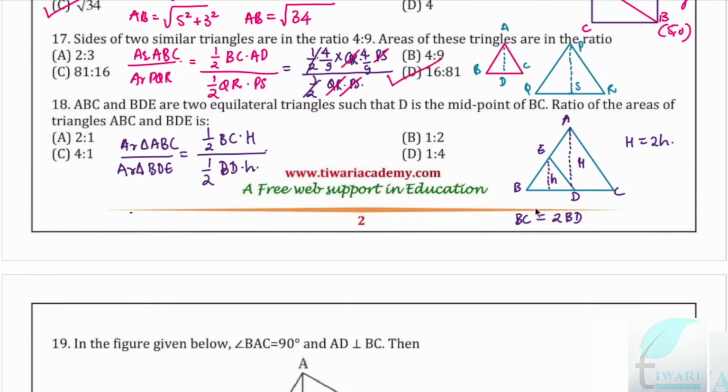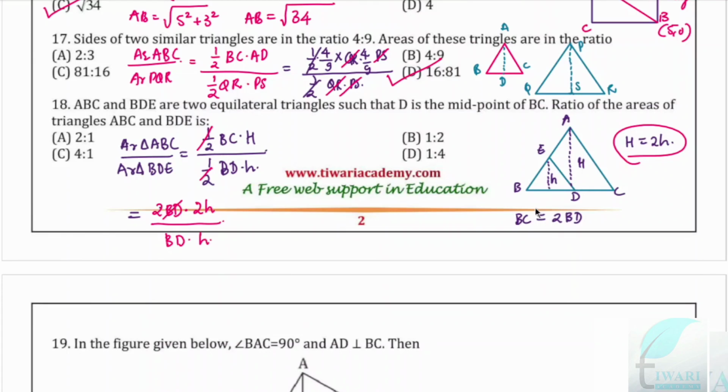Half and half will get cancelled here itself. So the ratio is now BC, which can be written as 2 into BD, and capital H can be written as 2 into small h, divided by BD into small h.